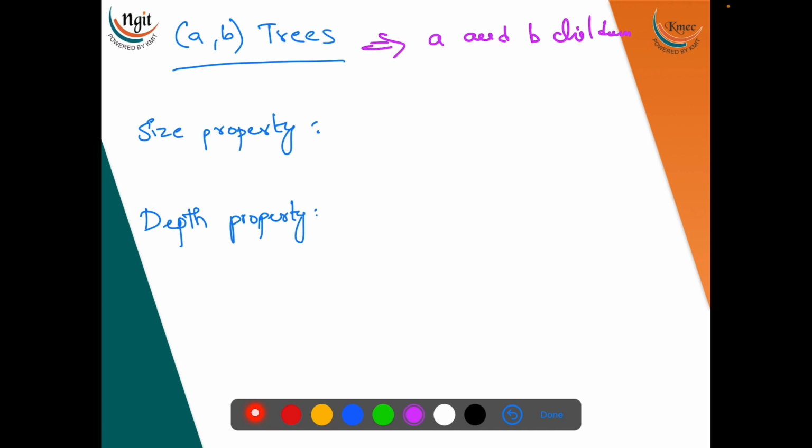Whereas in the other trees we were talking about in the previous slide, a node uses at most 2 children, or there are many constraints from one data structure to the other. But as far as AB trees are concerned, each node has between A and B children and stores between A minus 1 and B minus 1 items, where A and B are integers.